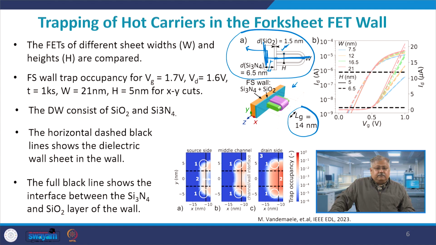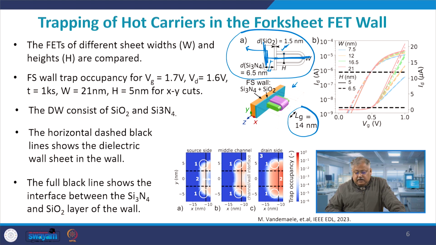Please understand, these are very much bias dependent quantities, because once the bias changes, the effective electric field changes, and therefore the probability of the electrons getting trapped in these layers is high or low depending upon the effective electric field. Let's look at the right hand side figure here. It plots the drain current versus the gate voltage, right?